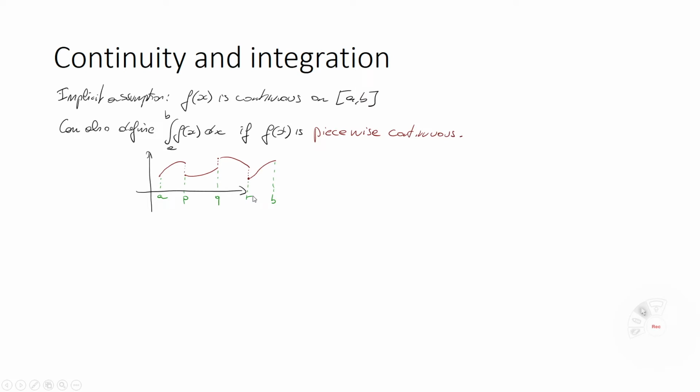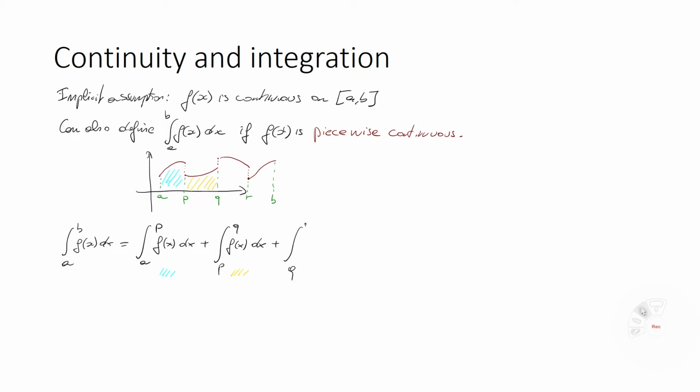Then how do you define the integral of such a function? Well, you probably already see it if you think in terms of areas. We can just integrate up until the point where we have a jump, so the integral from A to P, because the function is nice and continuous there, this area. Then integrate from P to Q, that gives us this area.